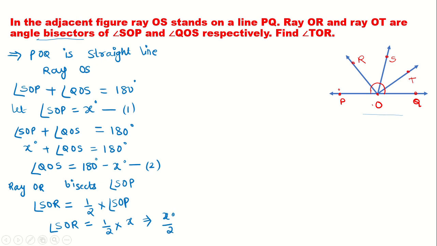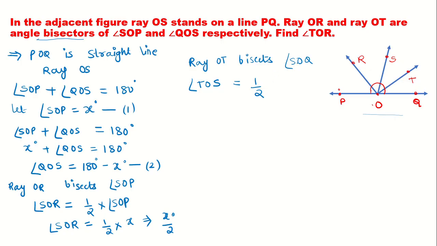Similarly, we have one more bisector, that is ray OT. Ray OT bisects which angle? It bisects angle SOQ. So angle TOS is equal to half of which angle?